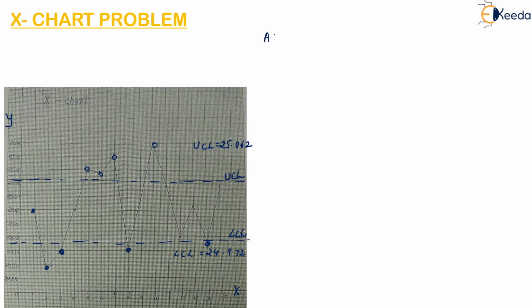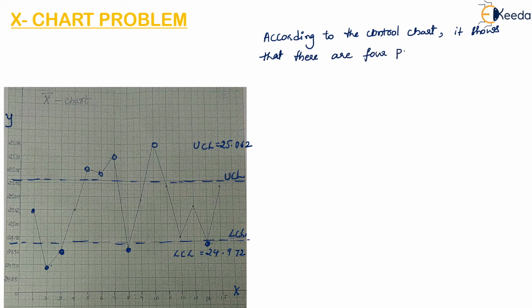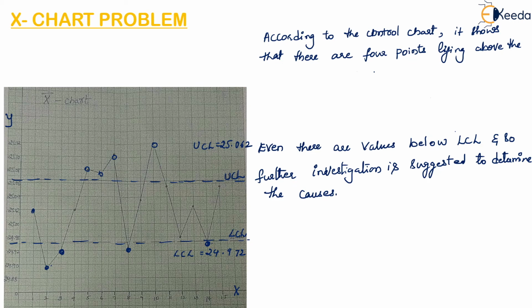According to the control chart, it shows that there are 4 points lying above the upper control limit, suggesting that the process is not under statistical control.